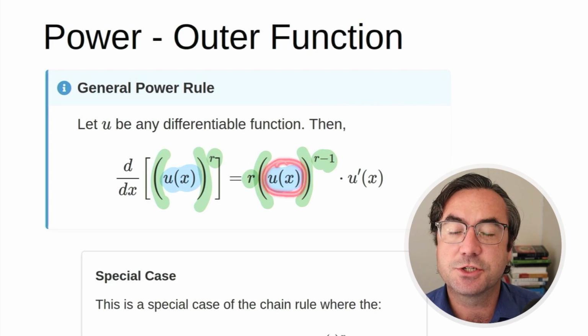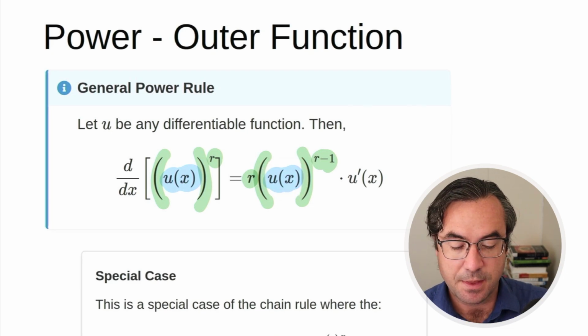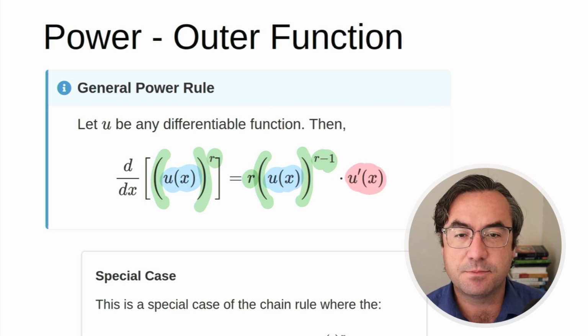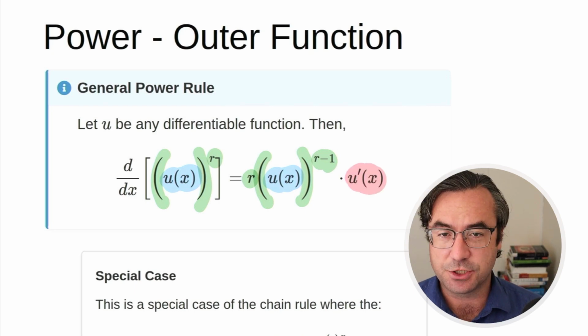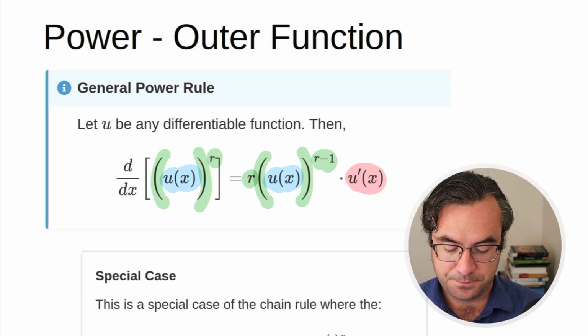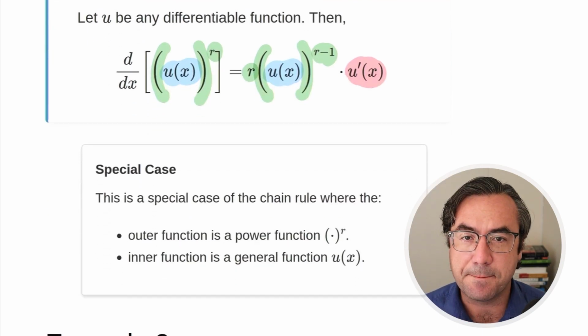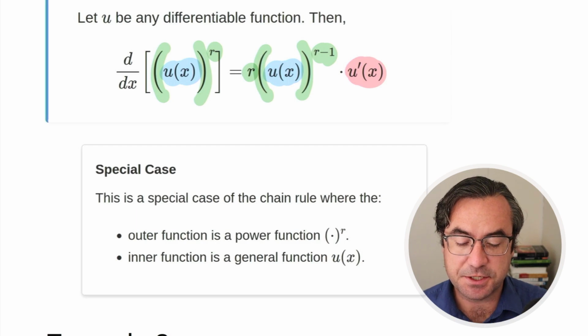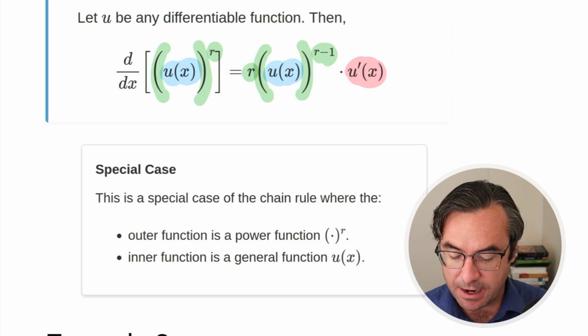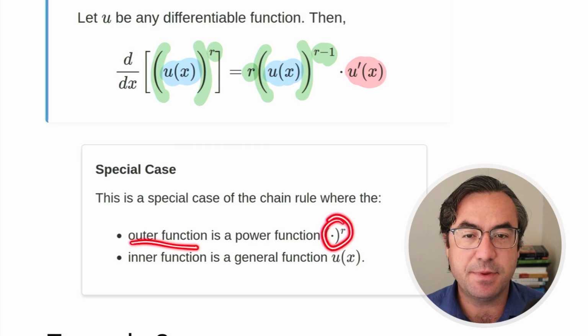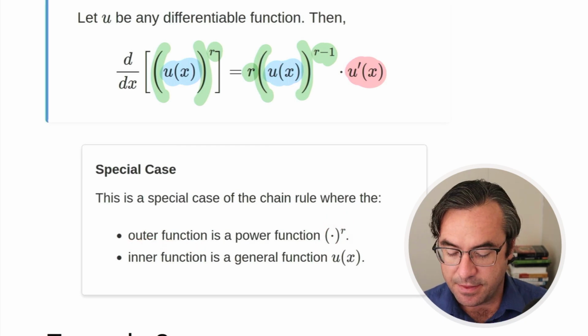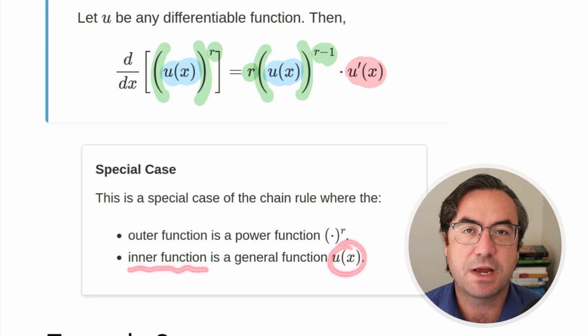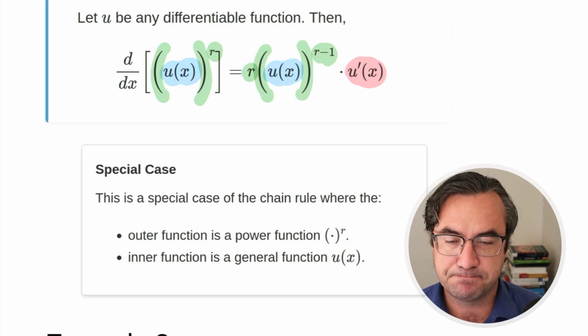We keep our inner function exactly the same. And then we multiply the result by the derivative of that inner function. Like I said, this is a special case where the outer function is something being raised to the power r, and then we just have an inner function, a general thing. We'll call it u of x.